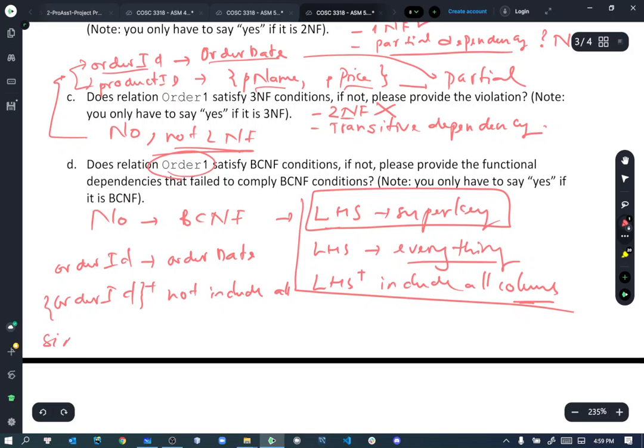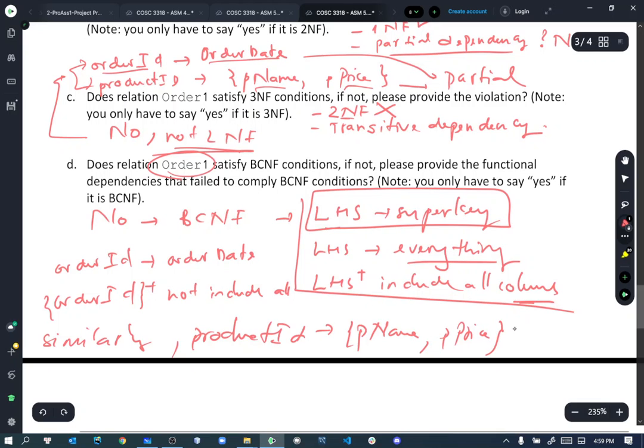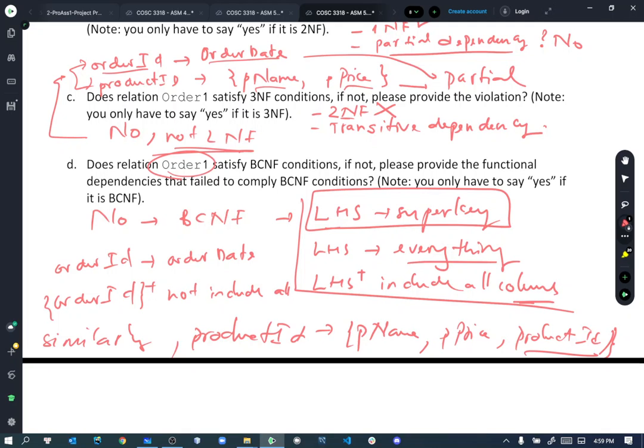Similarly, product ID determines only product name and product price, and if you want to add, you can determine product ID as well, but it's not all.